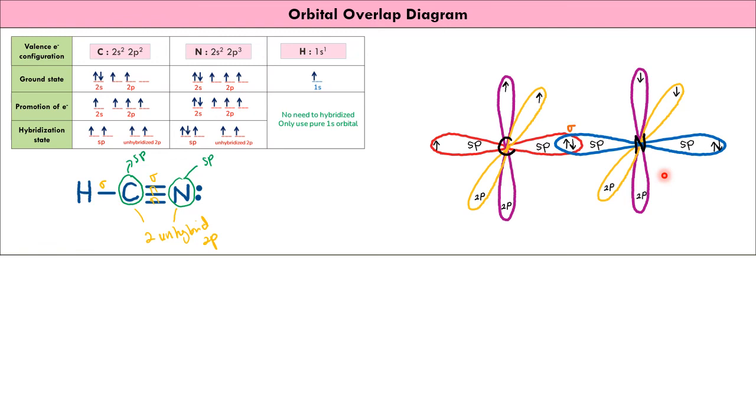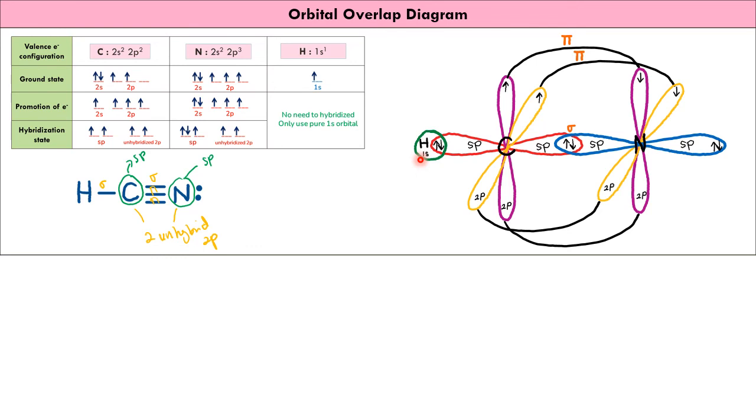Okay, so label dekat sini sigma bond untuk carbon, nitrogen bond. Kemudian kita ada the first pi bond and then the second pi bond. Make sure pilih orientation yang sama. Kemudian dekat sini jangan lupa kita ada hydrogen. Okay, so lukislah hydrogen. Okay, sigma bond. So there you have the orbital overlap diagram for HCN.